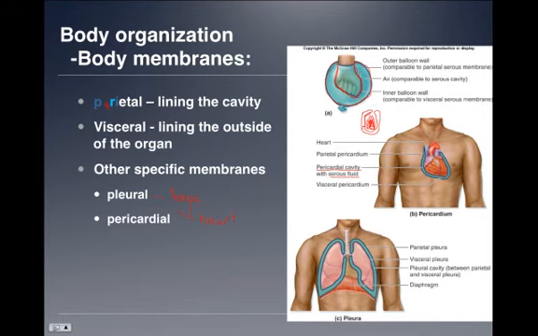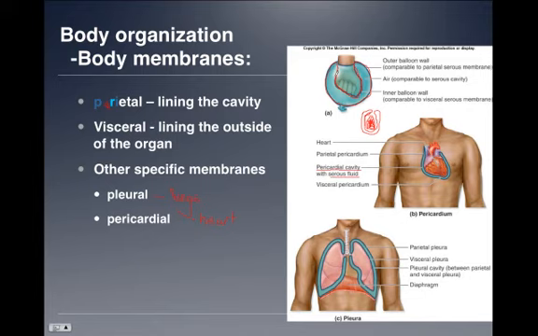Now, if you know what viscera means, viscera literally means organ. So it makes sense for this inner layer that directly surrounds the organ to be called the visceral layer. And to help you remember that, I have a kind of funny story.